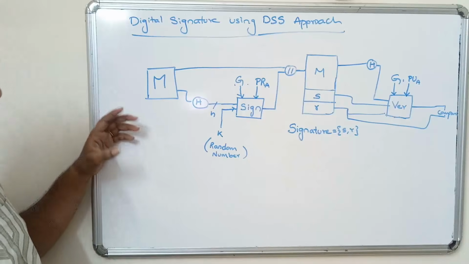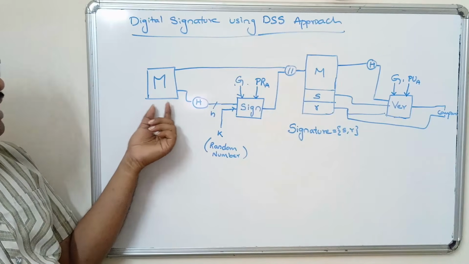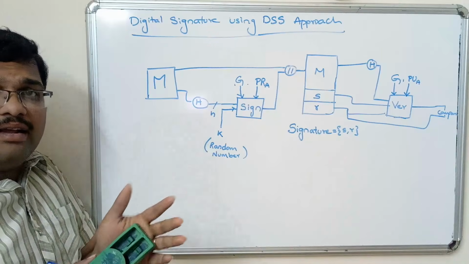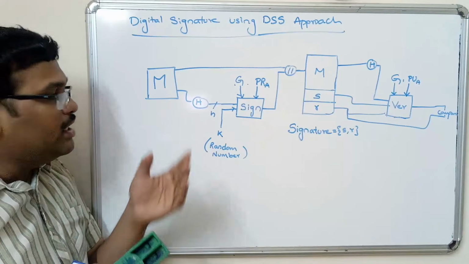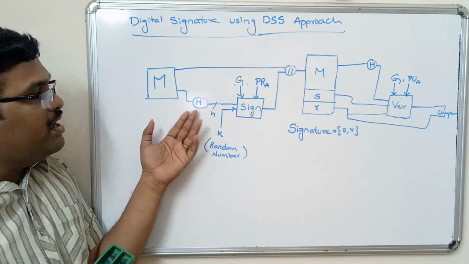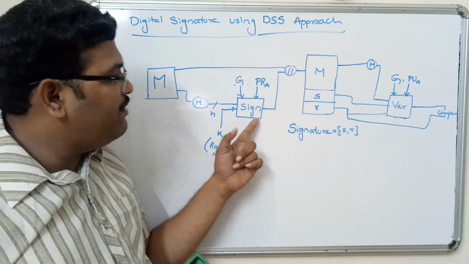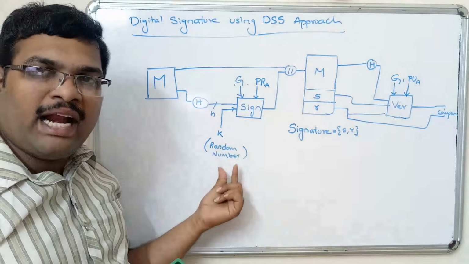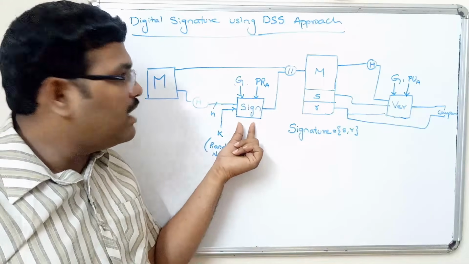So once again let us repeat. First consider the plain text message and then apply the hash function. Here also we have to use a SHA algorithm, either SHA-1 or SHA-512. So we use a SHA algorithm H, so that we get the hash code which is given as input to the signature algorithm, as well as K. K is a random number which is given as input for the signature algorithm.